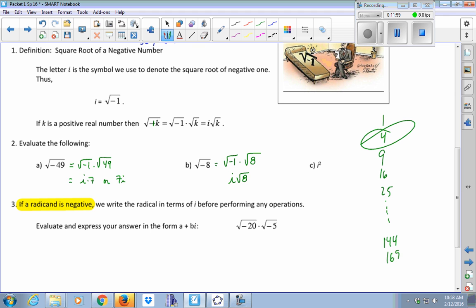So I would write this as I times the square root of 4 times the square root of 2. And I would call that 2I times the square root of 2. The square root of 4 is 2. I usually put the rational numbers as the first factor, I second, and then whatever irrational number as the last factor.